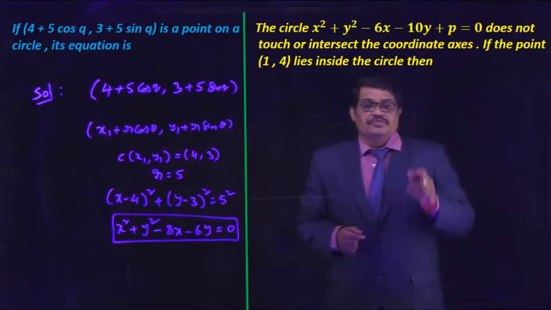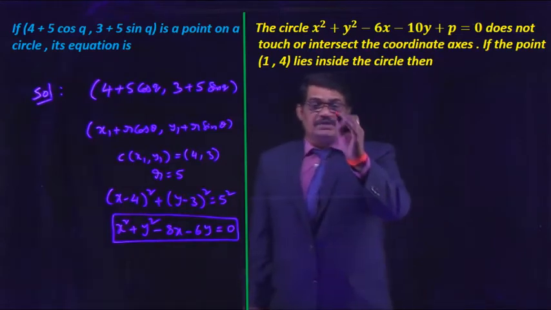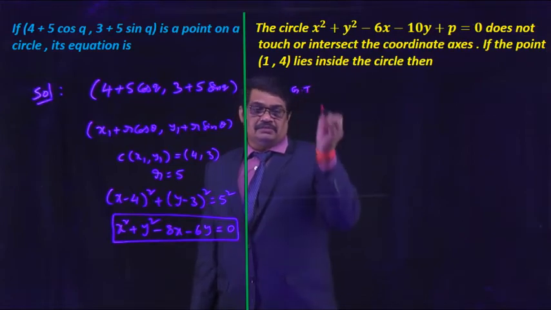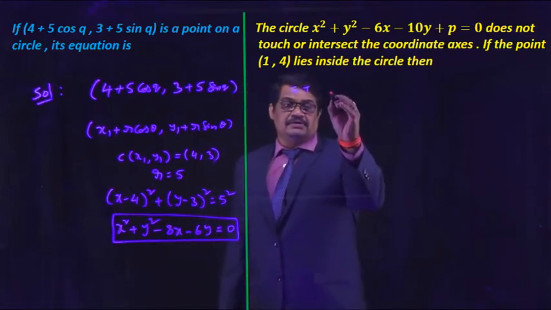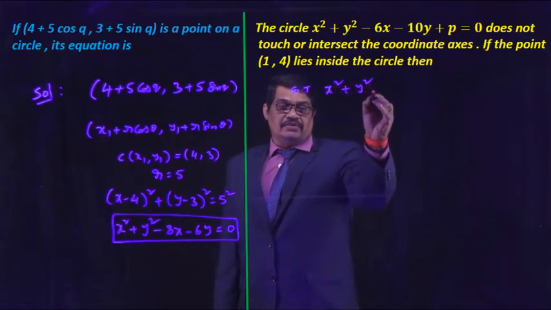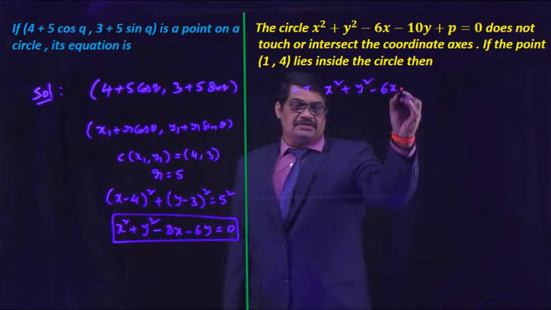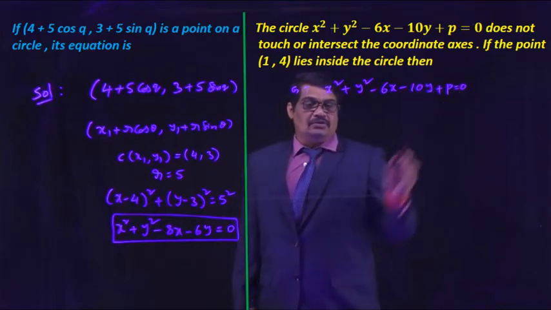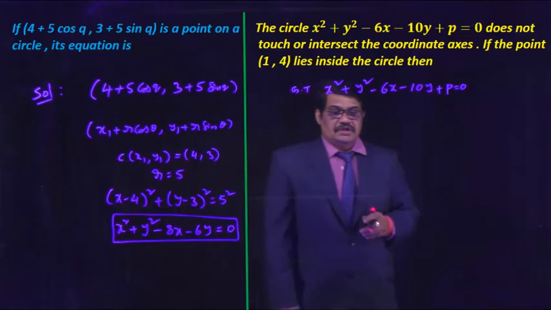Okay, see the solution. What is the given circle? It is x square plus y square minus 6x minus 10y plus p is equal to 0. This is the given circle.